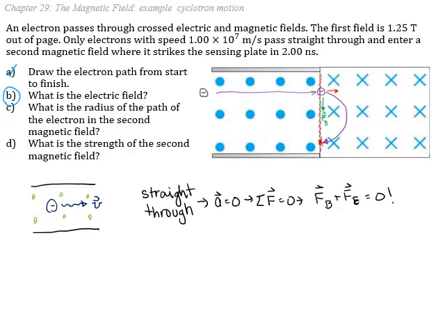We're going to neglect gravity because electrons are really very light. So if our magnetic and electric forces sum to 0, it tells us that our magnetic forces and our electric forces must be equal and opposite.